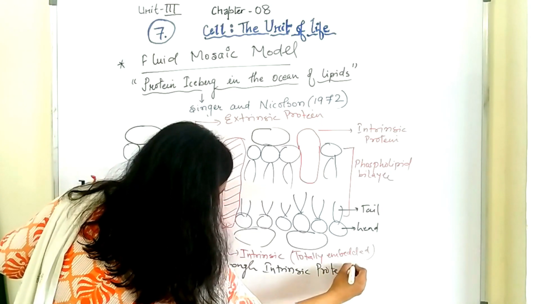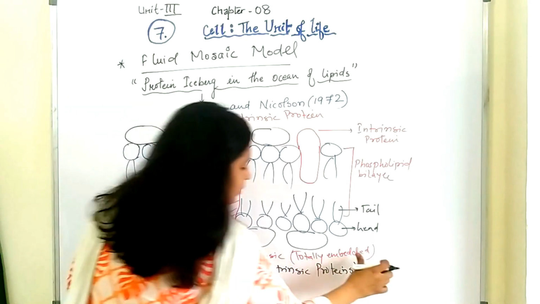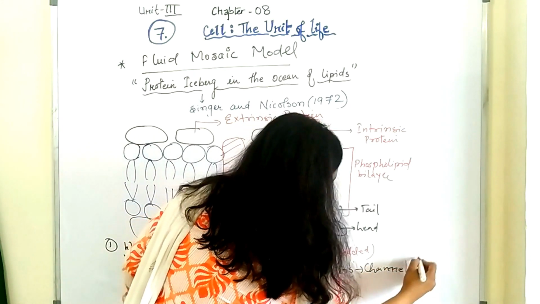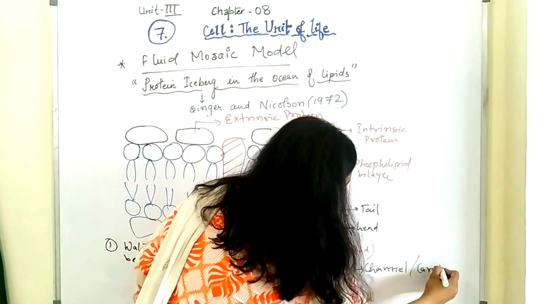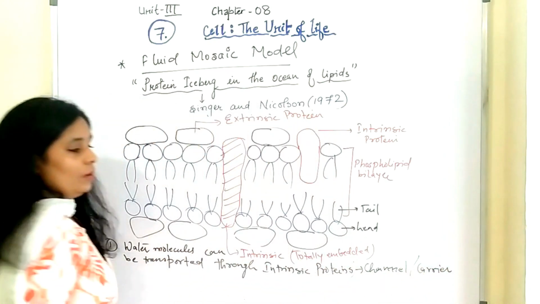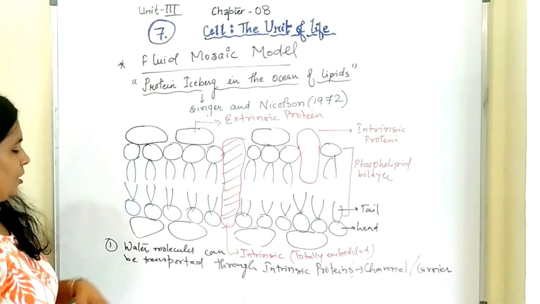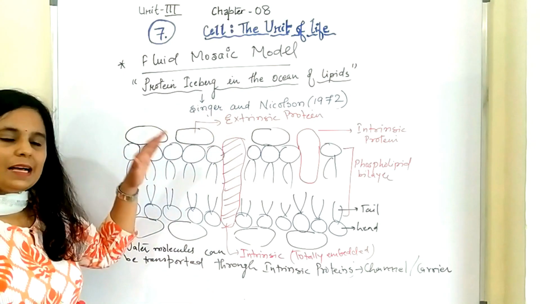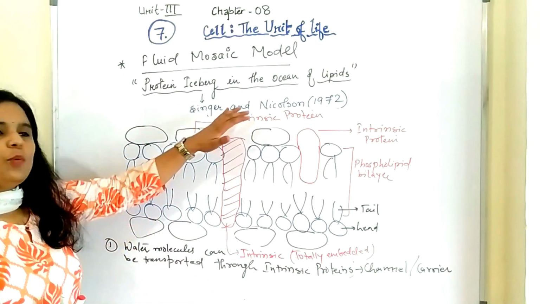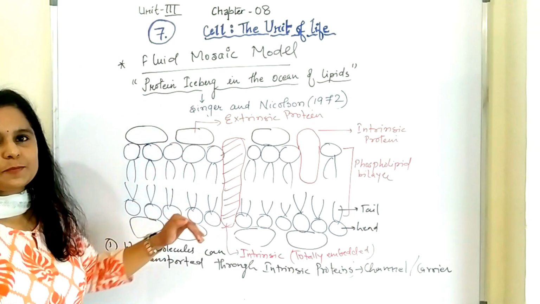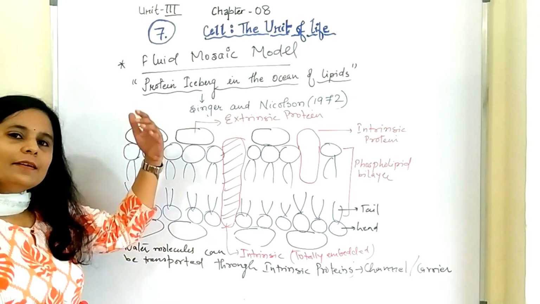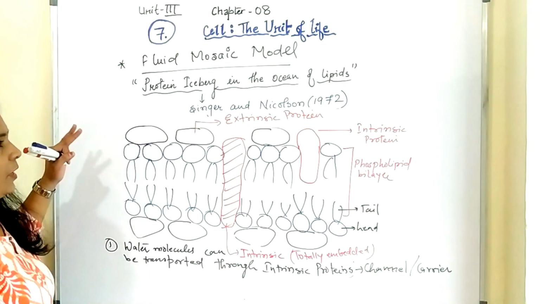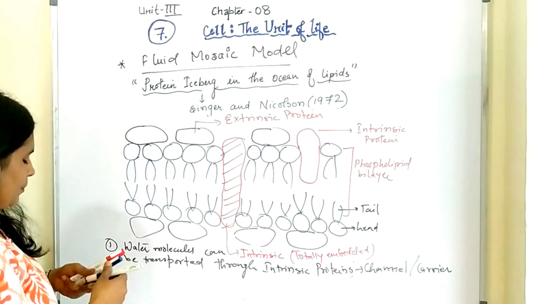So these proteins act as a channel or carrier molecule which helps in the transportation of the water soluble molecules. So this model has explained how the water soluble molecule can transport inside the cell and outside the cell. So this was the number one, because of which it was most acceptable.